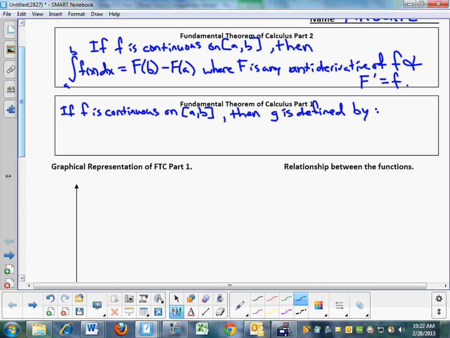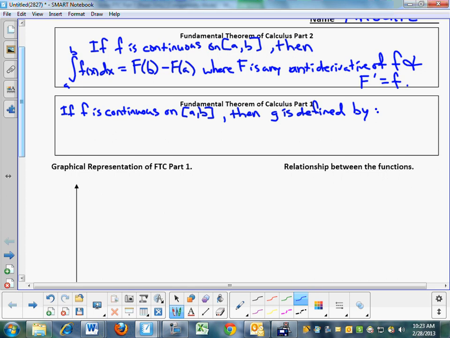This is basically what it's stating, you guys. You could take this area, this definite integral, and write it so that it's a function of changing values. And if it's a function of changing values, it has some interesting aspects about it. We are not going to do a whole lot with it, but there are some things that you should see.